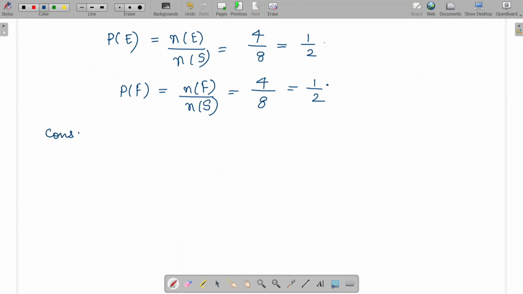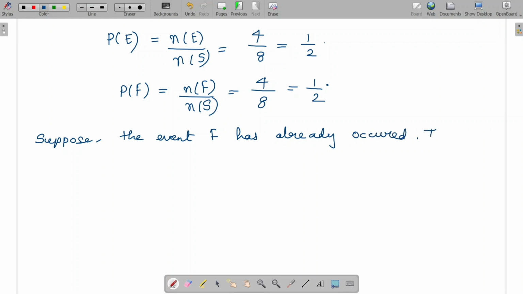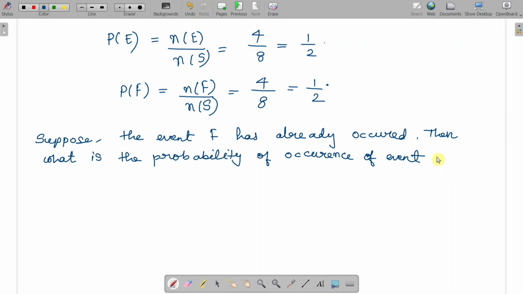So consider, or we can suppose, suppose the event F has already occurred, then what is the probability of occurrence of event E, okay?